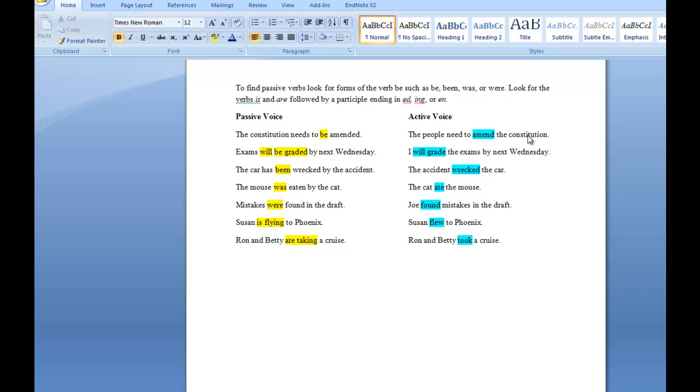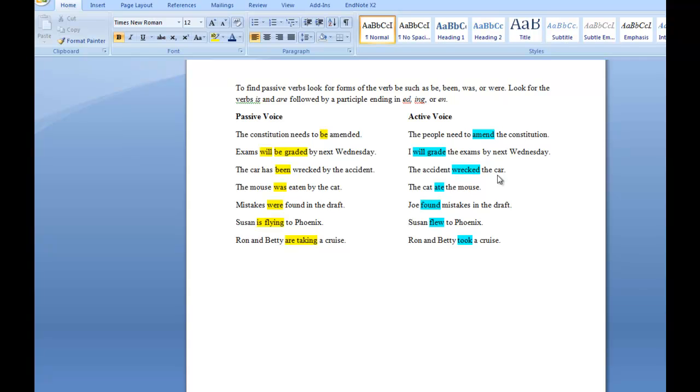So we can put the people need to amend the Constitution. In other words, we've inserted the people because we didn't say who was doing the amending before. And the people are the subject and the Constitution is the object. And so where before we didn't have a subject, it kind of left you in suspense, and that's what I said earlier. That's the place for passives. We're clarifying that, so it's much clearer in active voice than it is in passive voice.